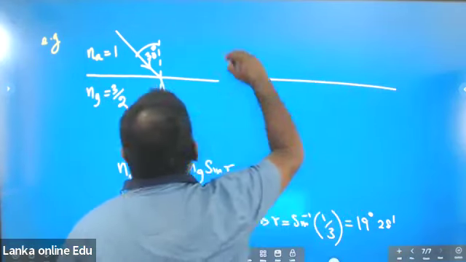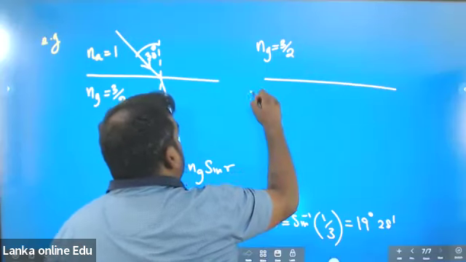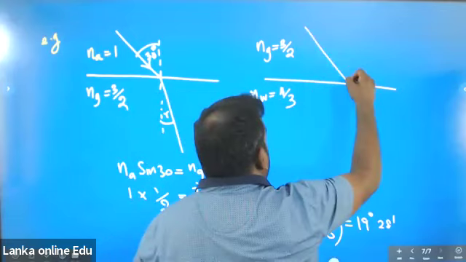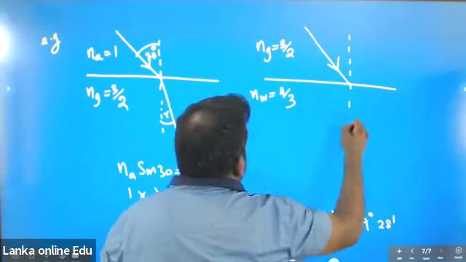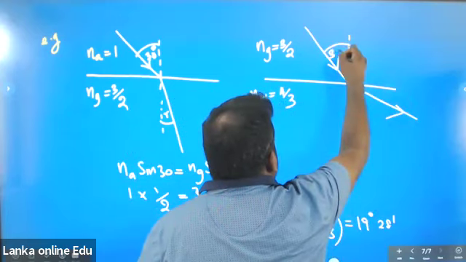Here, let's say glass, let's say water. Denser medium, rarer medium, going away. Let's say this is 30.